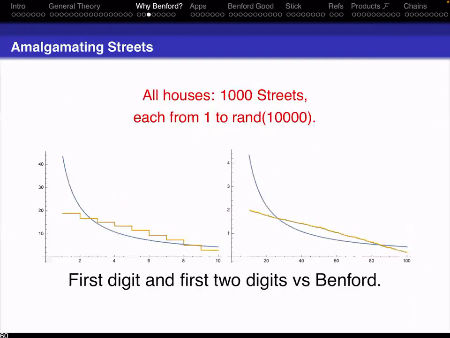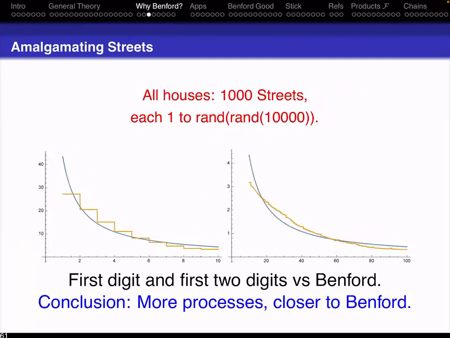Okay. Now let's make it more interesting. We have 1,000 streets. Each street is from 1 to a random number uniformly chosen from 1 to 10,000. So different streets have different lengths now. And now when we pull our data from that, we can see it's no longer uniform. It's not Benford yet. The blue line is the Benford theory, but it's getting closer.